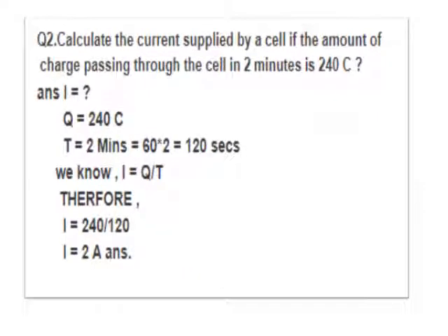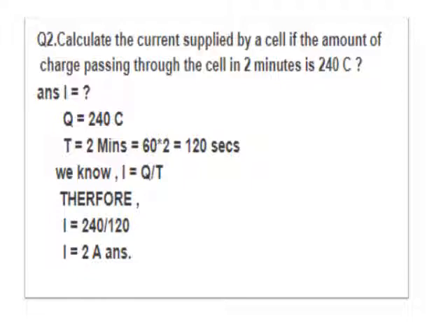Children, look at this problem now. Calculate the current supplied by a cell if the amount of charge passing through the cell in 2 minutes is 240 coulombs. So, what are the physical quantities given in this problem?